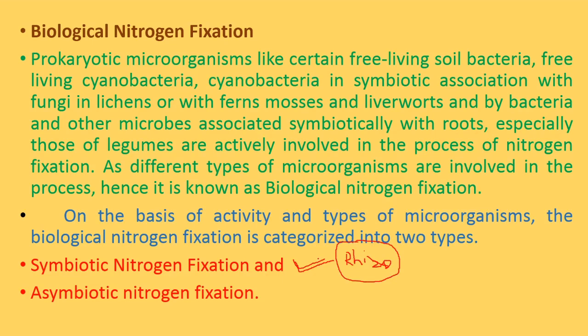In this process, the bacteria get food and shelter from the host plant, and the host plant in turn gets nitrogen fixed by the bacteria. So in this method, both partners involved in the nitrogen fixation benefit each other. So it is known as symbiotic nitrogen fixation.